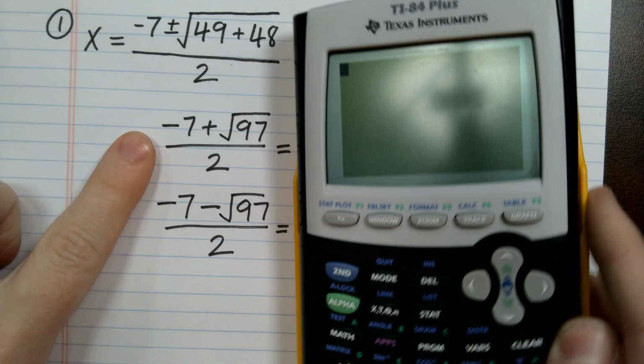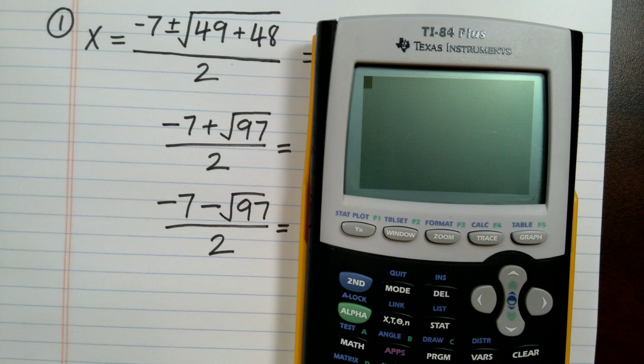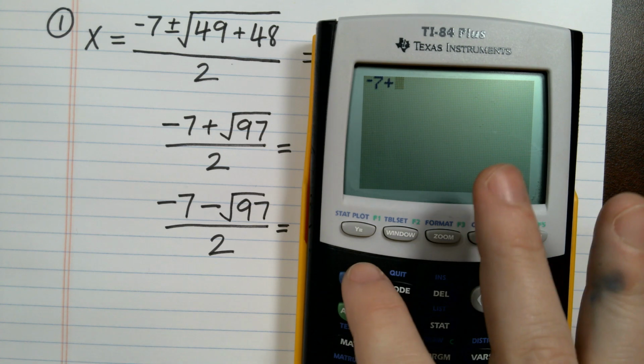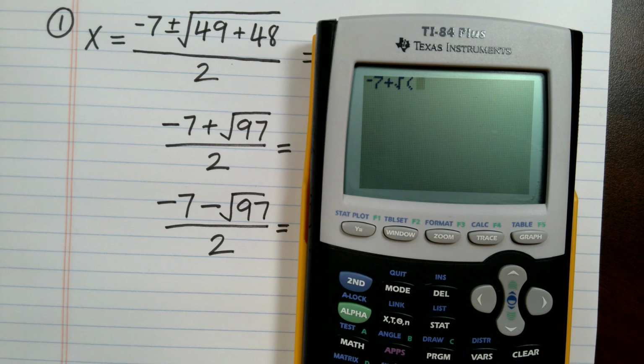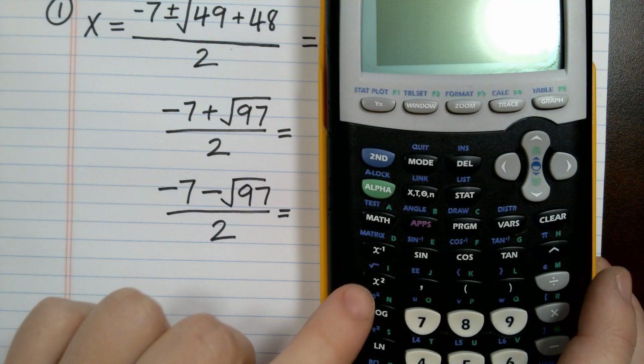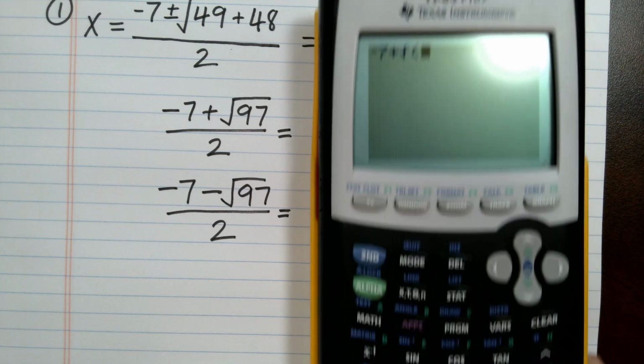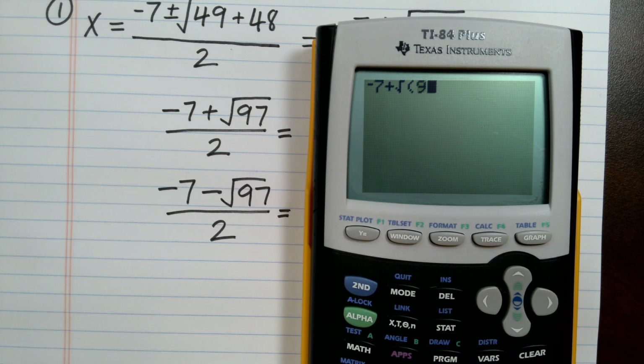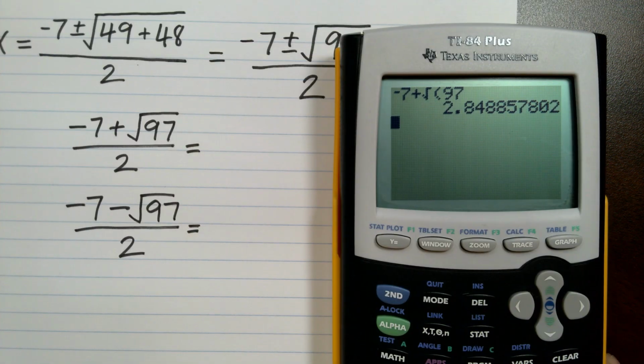So we can just type in the top of our fraction. Negative 7 plus second x squared. That gives us the square root. Remember that, guys, the second button and the x squared button. Square root of 97. From here, we're going to hit equals or enter. And now I have the top of my fraction.